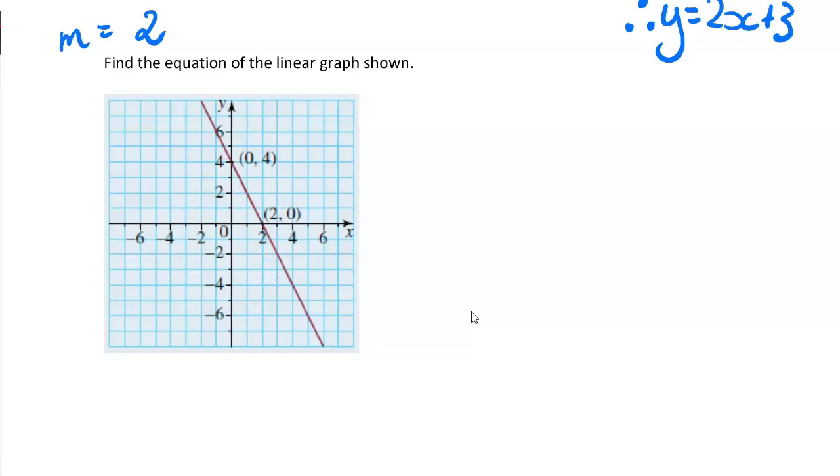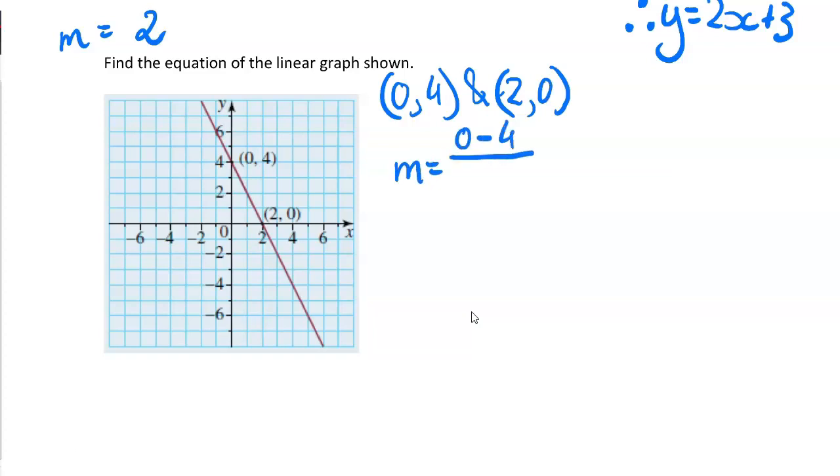So we know our two intercepts are 0, 4, and 2, 0. So my gradient is 0 minus 4 over 2 minus 0. So m equals negative 4 over 2. So m equals negative 2.